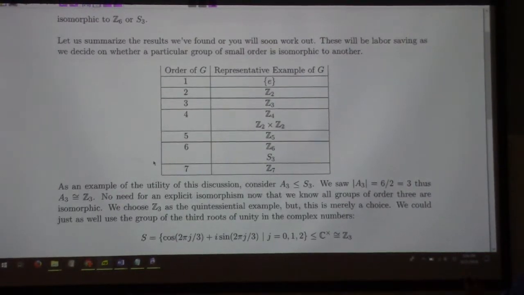D4 has how many elements of order 4? 2, right? A and A cubed. So they're not isomorphic. You might ask how many other groups of order 8 there are. Well, there's Z8, so there's at least 3 groups of order 8 that are not isomorphic. I'm not sure what the total list is. I seem to remember 5, but I could be wrong.